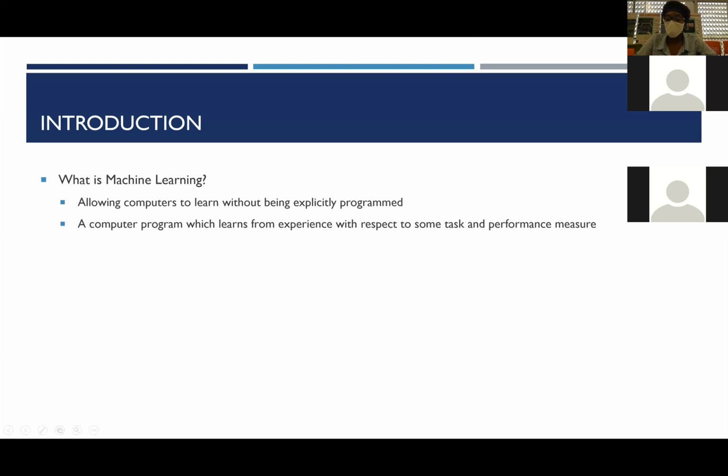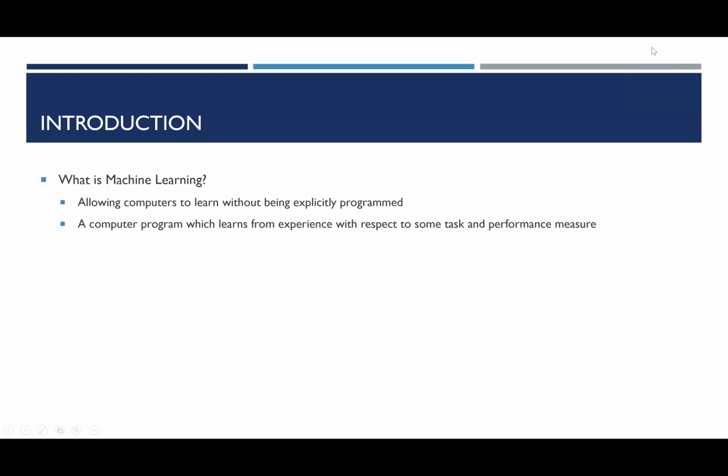Another definition for machine learning could be a computer program which learns from experience with respect to some task and some performance measure. Examples of machine learning would include classifying emails as spam, autonomous vehicles, handwriting recognition.